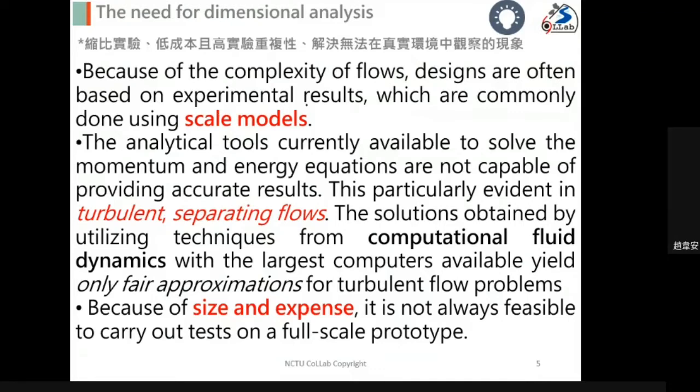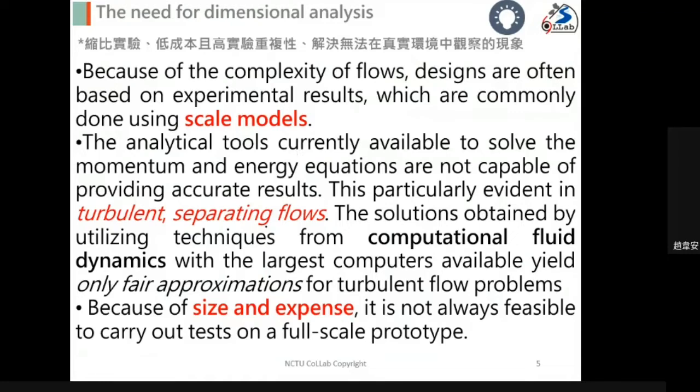And the basic idea is that we need to satisfy the scalings from the models to the real case. Because model testing can be conducted repeatedly, that is one of its advantages, since the cost of model testing is low.